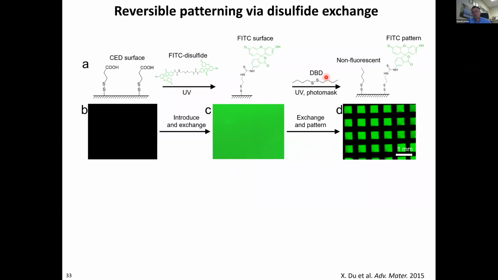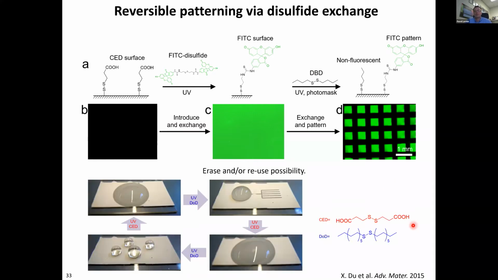Then we can take a photomask and a different non-fluorescent disulfide, and we can erase part of the fluorescent groups, making a pattern of fluorescent and non-fluorescent groups. But at the same time, the whole surface is again covered with disulfides. It's completely reactive and can be modified again with a new chemistry, or can be completely erased using different disulfides.